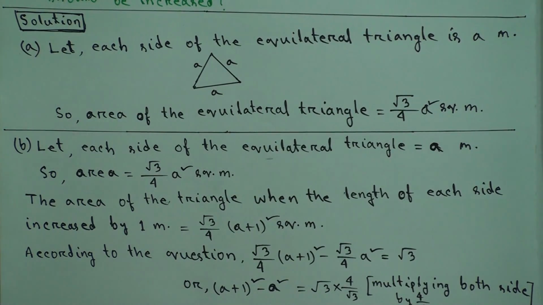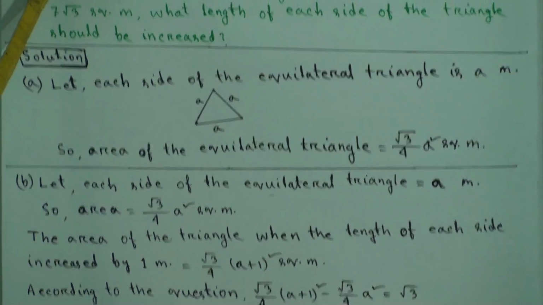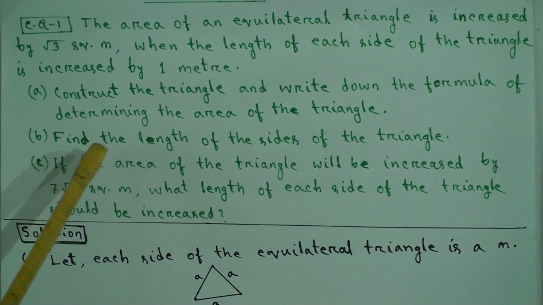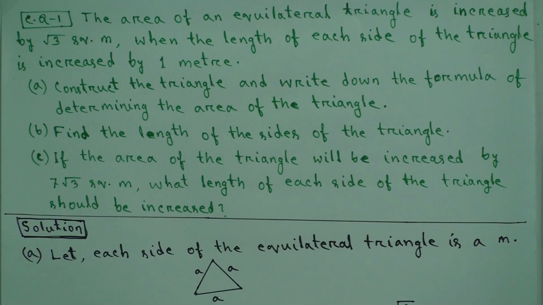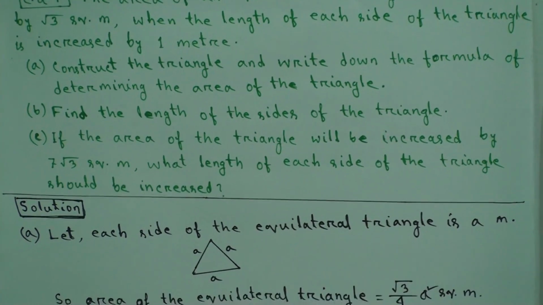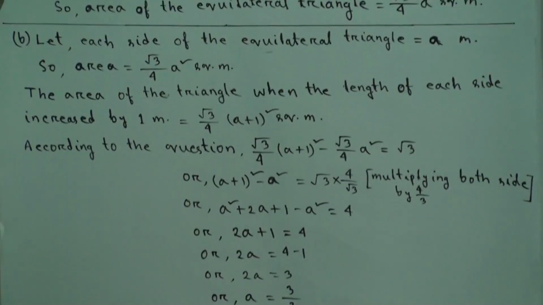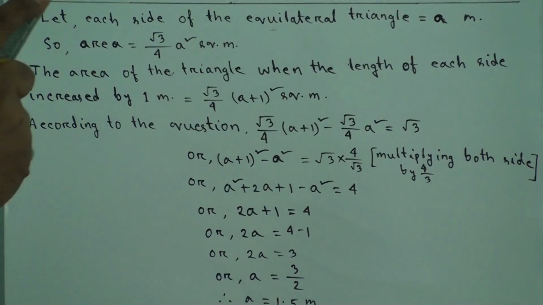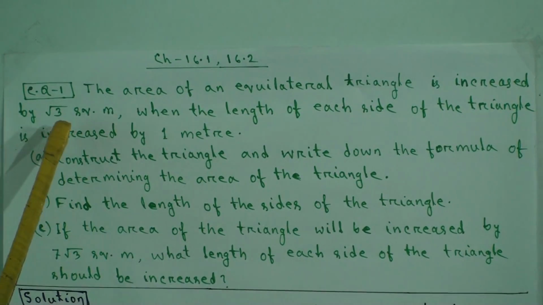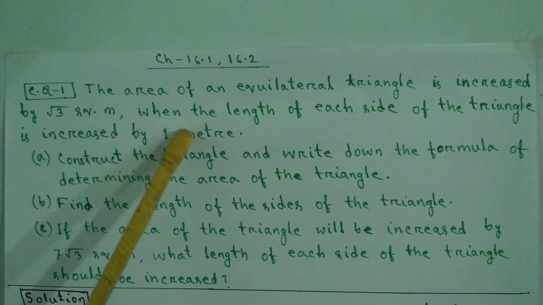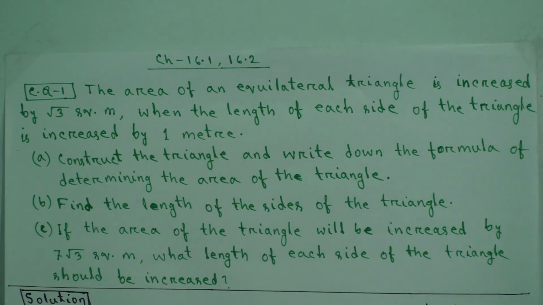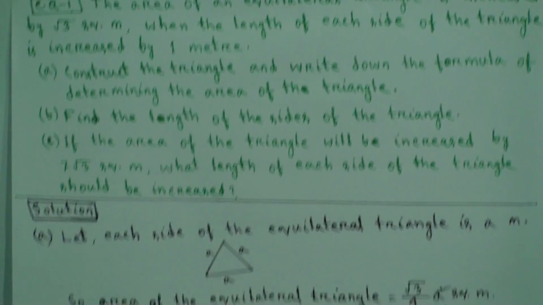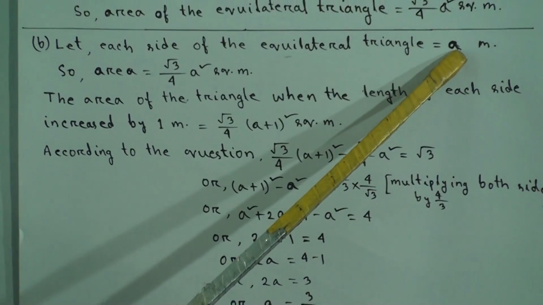Now we'll solve B number question. Here the question is, find the length of the sides of the triangle. We have to find out the length of the sides of the triangle. Here in the stem it is mentioned that the area of an equilateral triangle is increased by √3 square meter when the length of each side of the triangle is increased by 1 meter. Now at first we will suppose that the side of the equilateral triangle is a meter.